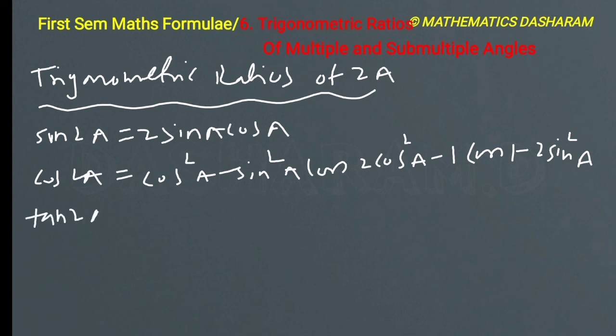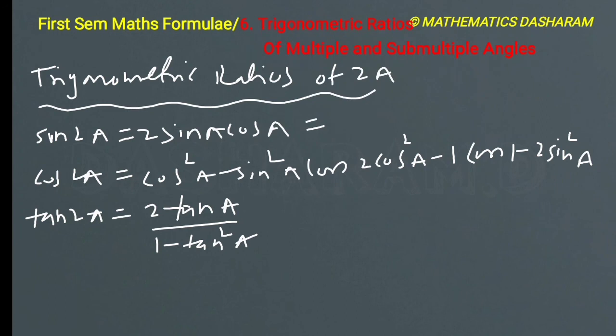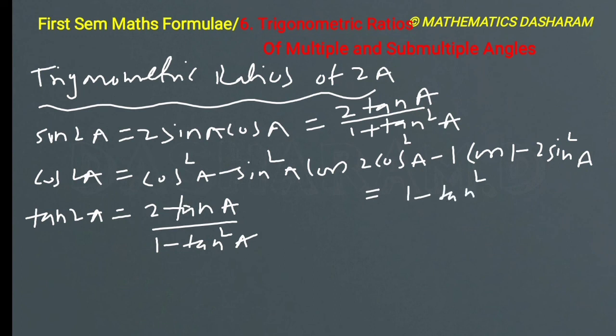Next, tan 2A equals 2 tan A divided by 1 minus tan square A. And for sin 2A, one more formula in terms of tan: 2 tan A divided by 1 plus tan square A. And similarly for cos 2A, (1 minus tan square A) divided by (1 plus tan square A).